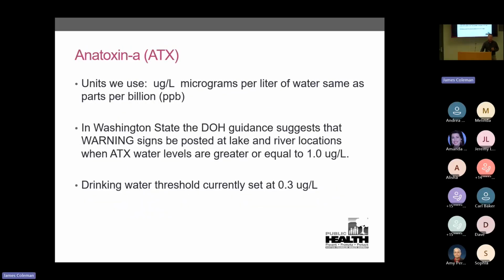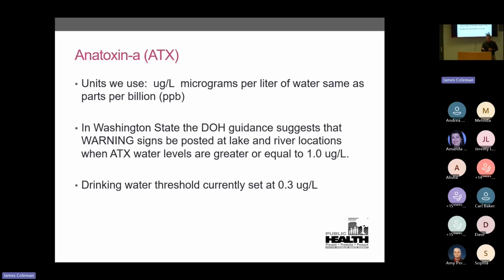So when we talk about these cyanotoxins, the units we use are micrograms per liter. So that's a concentration. A microgram is a very small amount, and a liter is a set amount of water. We can also use the term parts per billion interchangeably. They basically describe the same amount.